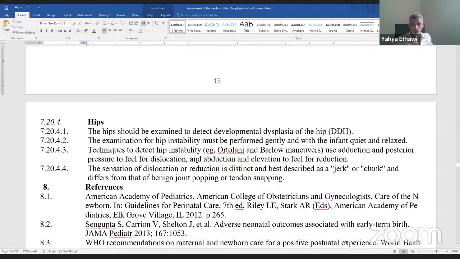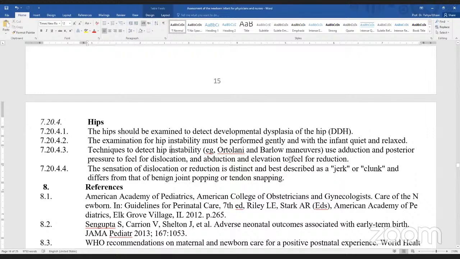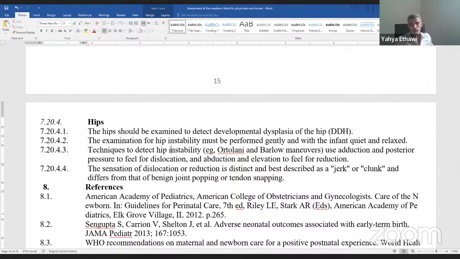But anyhow, you need to remember, a baby should not go home without you assessing or commenting on the hip status, especially for those at risk of developmental dysplasia of the hip, such as having a family history of DDH or breech presentation, or you feel a click during assessment, or there is asymmetry.